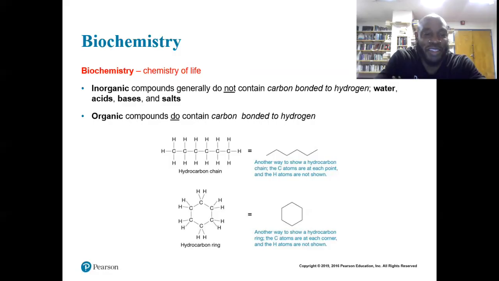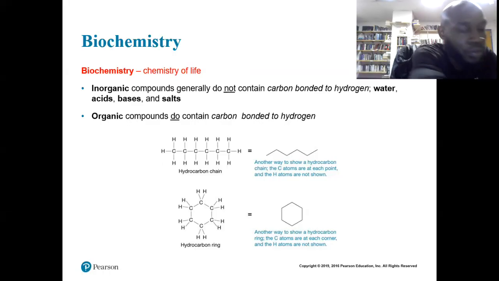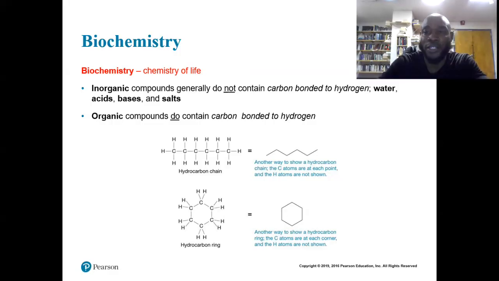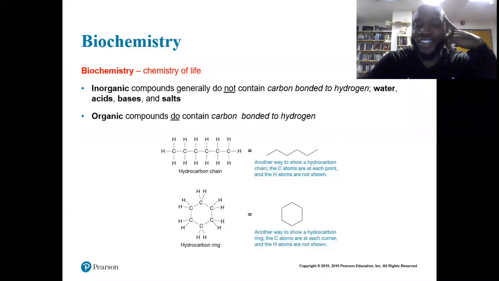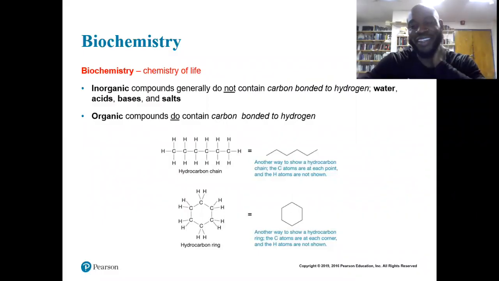You might say the two are not related, and they really aren't, because saying something is chemically organic has nothing to do with the organic you hear about in the grocery store.